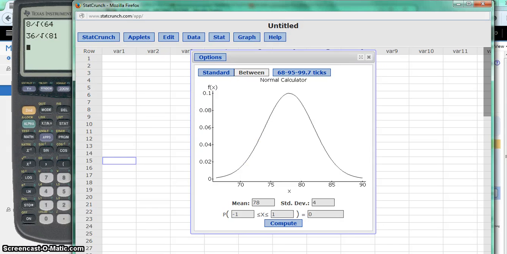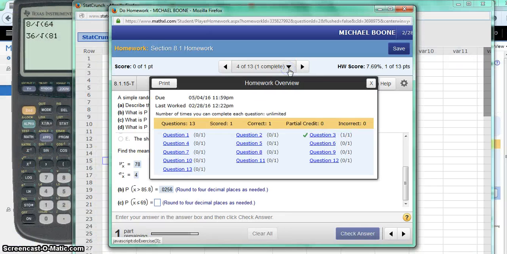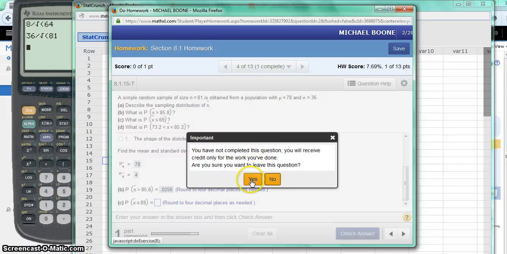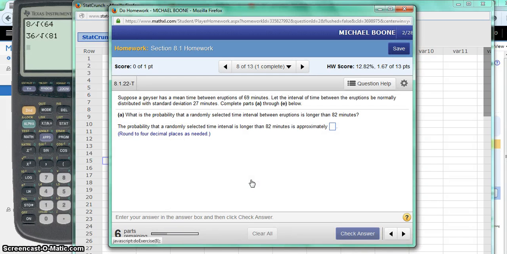The last one in this section that I want to look at is number 8. And 8 is dealing a little bit more with a word problem, but very similar. Everything's the same. So we have a mean time between eruptions of 69 minutes. Let the interval of time between the eruptions be normally distributed with a standard deviation of 27 minutes.